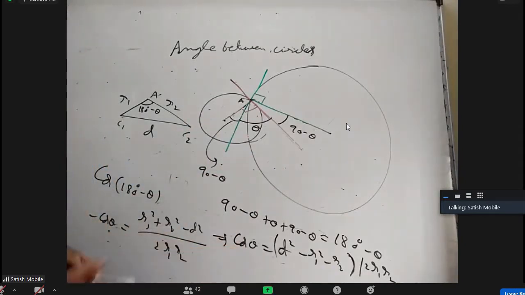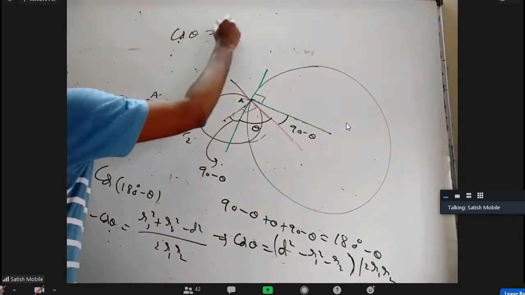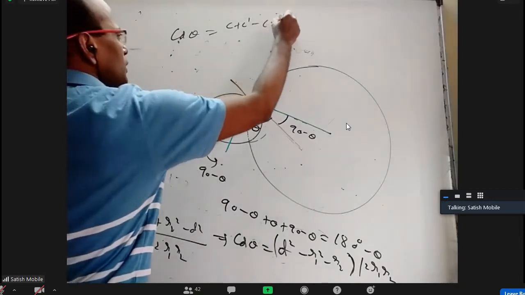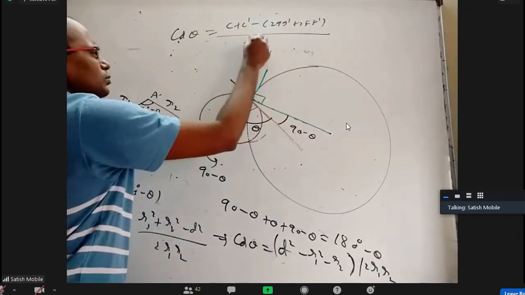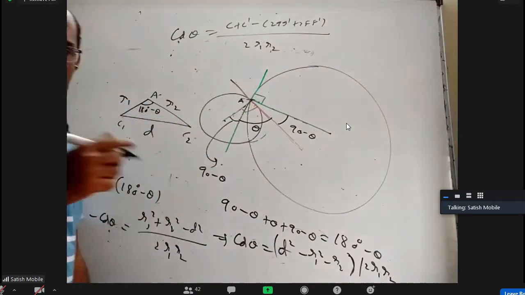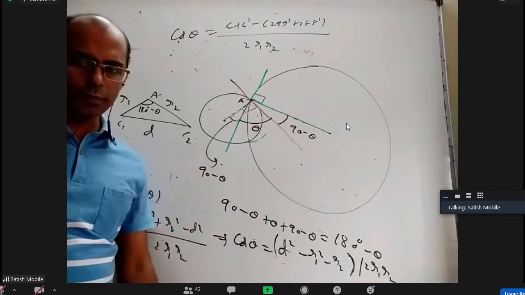Or you substitute here, when you simplify, it will become some other formula as cos theta equal to c plus c dash minus 2g g dash minus 2f f dash by 2 r1 r2. R1, r2 are root g1 square plus f1 square minus c1, and R2 is root g2 square plus f2 square minus c2.